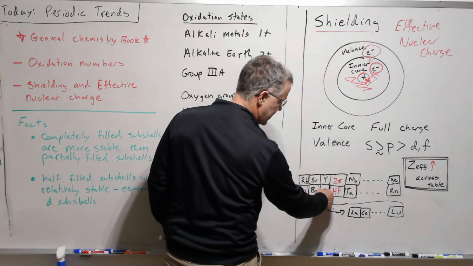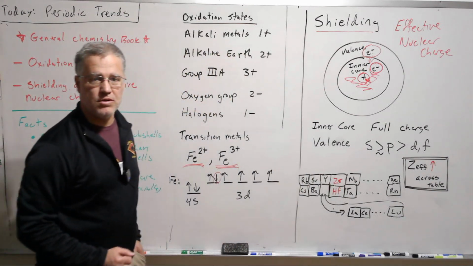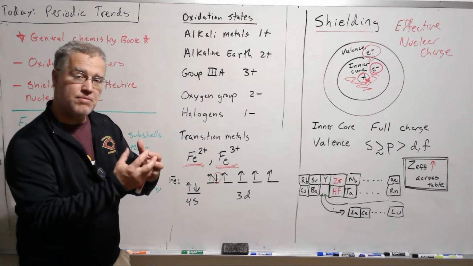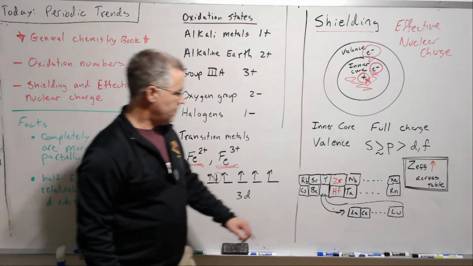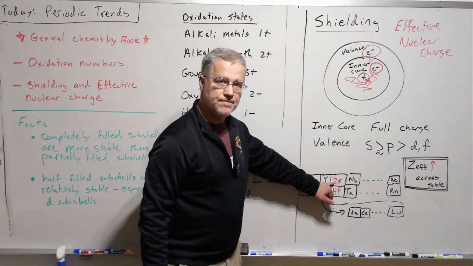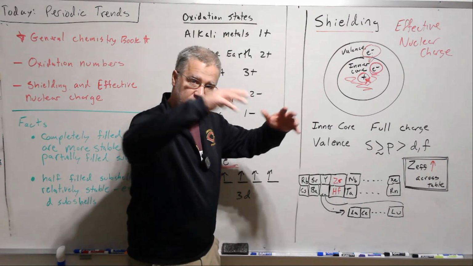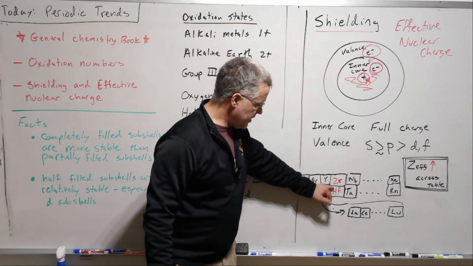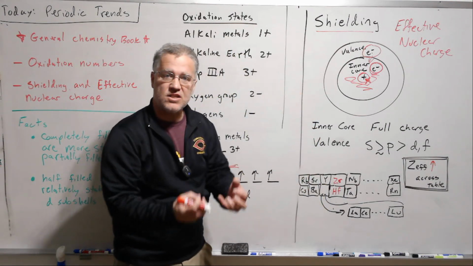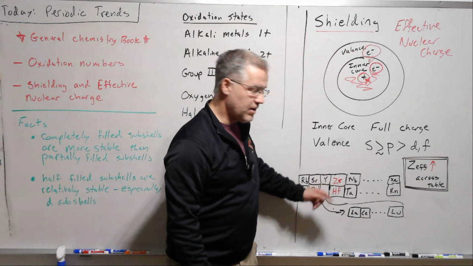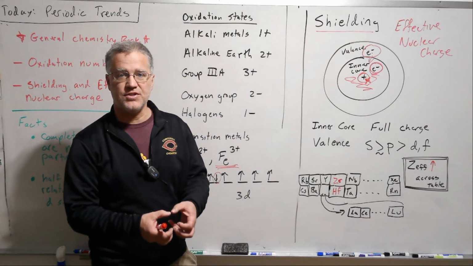Now we have 14 more and much less effective shielding. So the effective nuclear charge is much higher for hafnium than zirconium. And so here they're about the same, and then we're just on a larger shell. Here this is much more, so that sucks those electrons in, so much so that the radius of this is about the same. So those two atoms are about the same size.